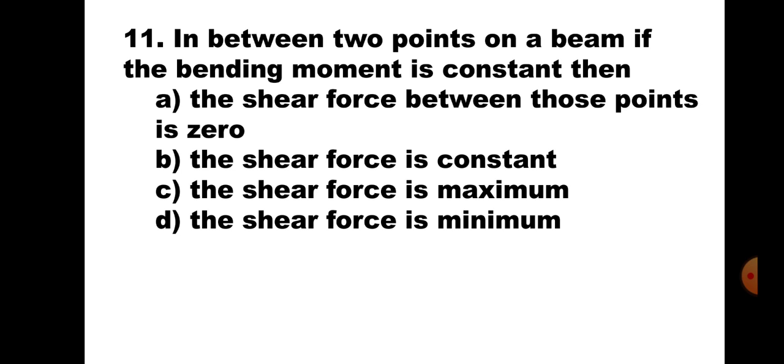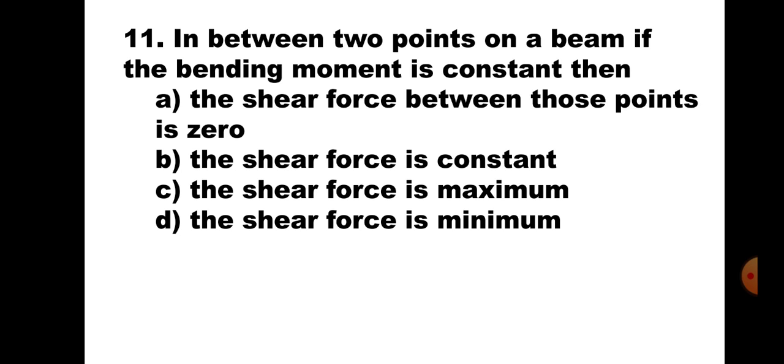So here it is given that in between 2 points BM is constant, and therefore dM by dx, the derivative of a constant, is 0.